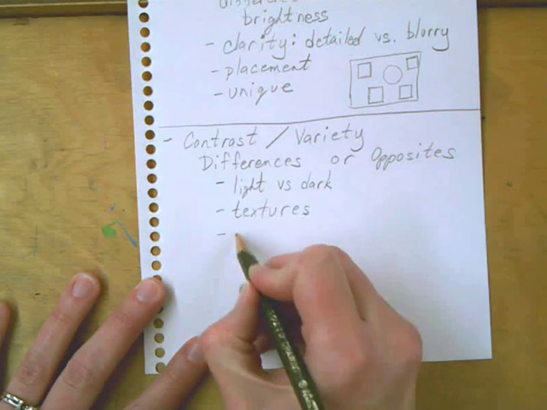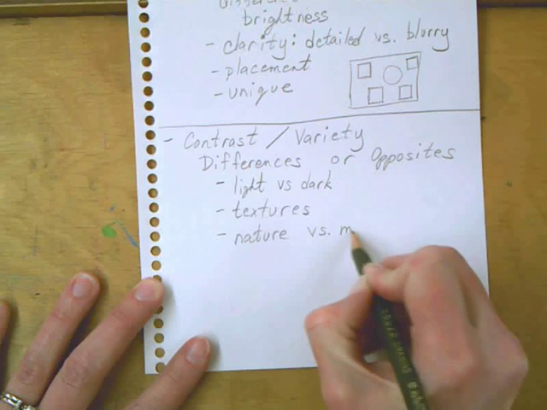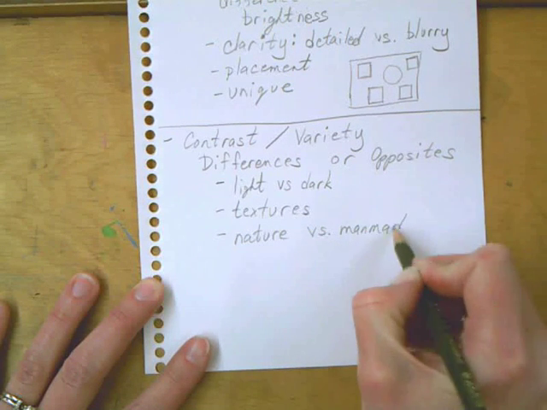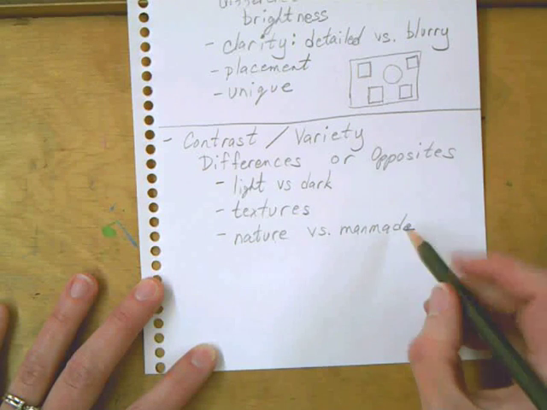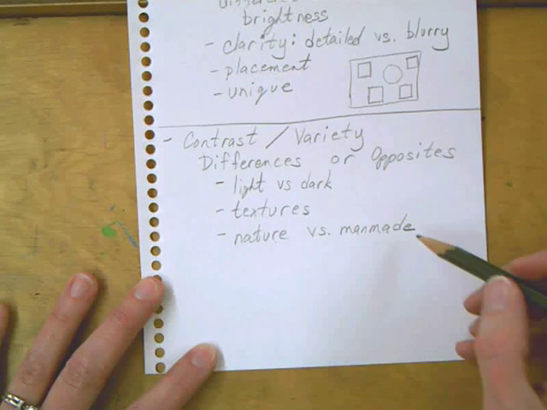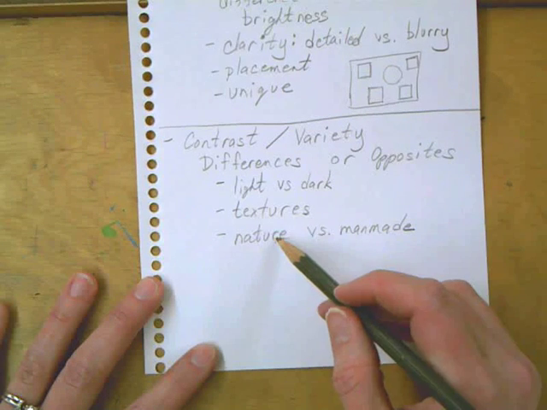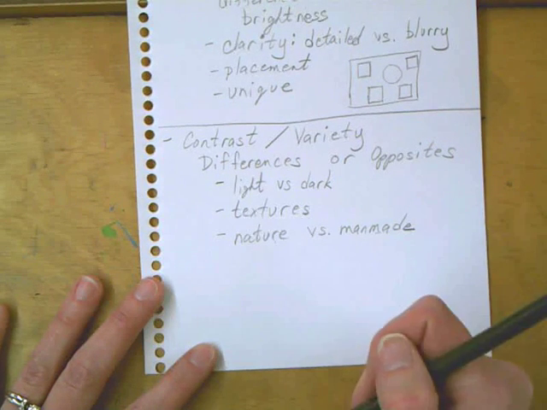You might have differences in nature versus man-made. Nature: trees, grass, things like that. Man-made could just be a park bench. Around a bunch of trees and grass, what's going to stand out?